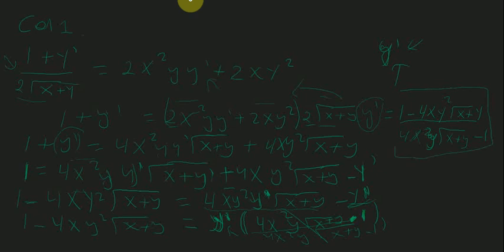So y prime is equal to 1 minus 4xy squared square root x plus y all over 4x squared y square root x plus y minus 1. Done. This is your final answer for y prime.